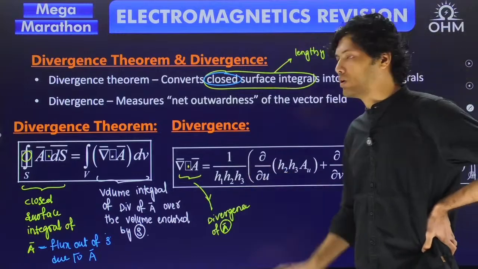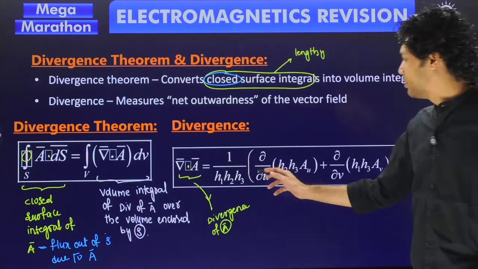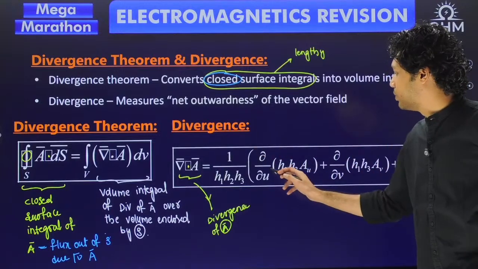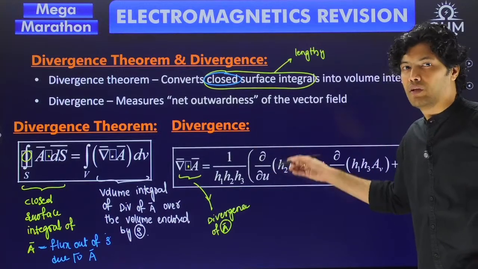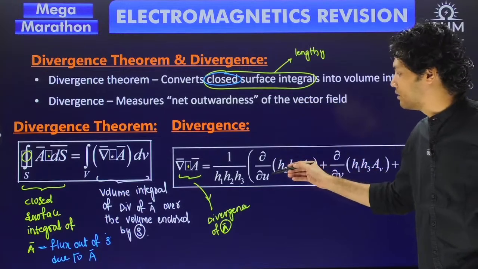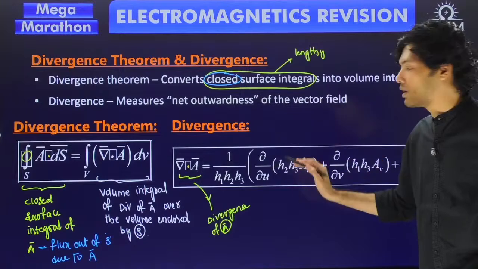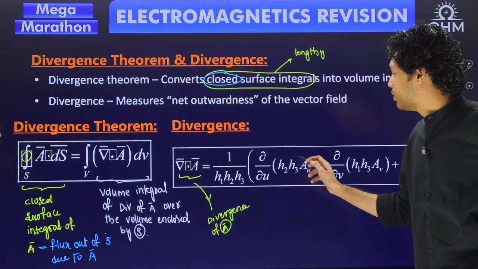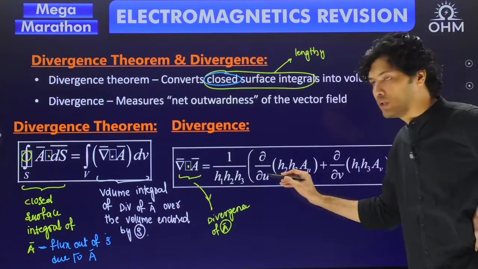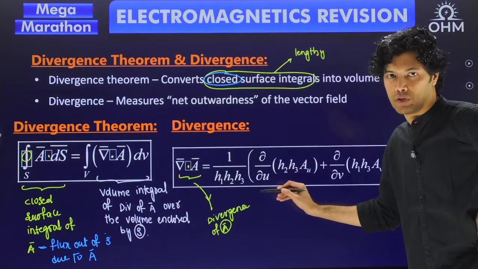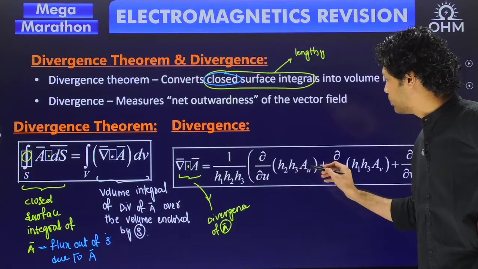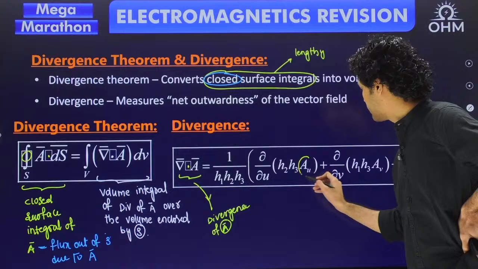So this becomes 1 by h1 h2 h3, the multiplication of scale factors, into dou by dou u, differentiation with respect to the first variable. In case of rectangular it is x, in case of cylindrical it is rho, in case of spherical it is r, of h2 h3 times Au. These are the scale factors other than the u scale factor h1, multiplied with Au, which is the first component of A bar.